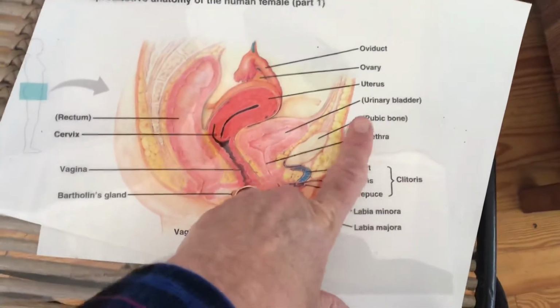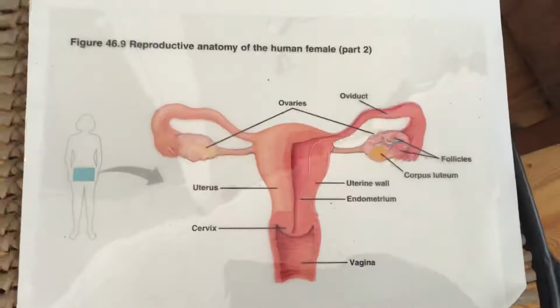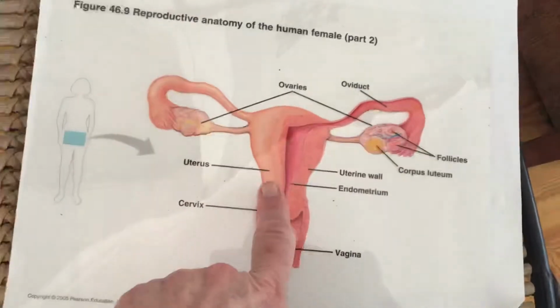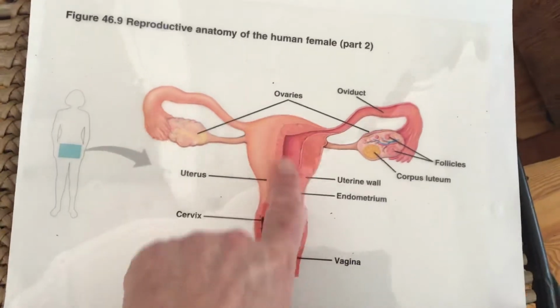And this is just showing you fat and stuff like that. Okay, from the front view, similar to the male, it's going to have two and two leading down to the uterus. The main difference here is this is not the prostate gland.